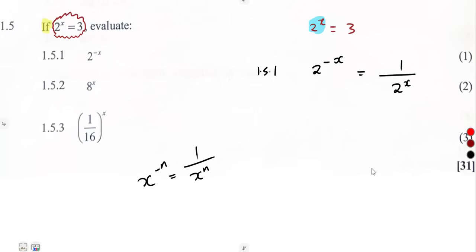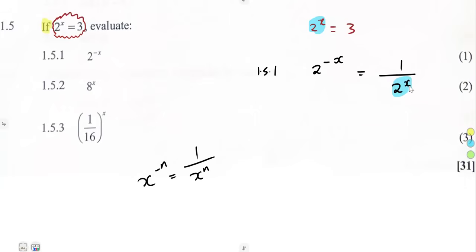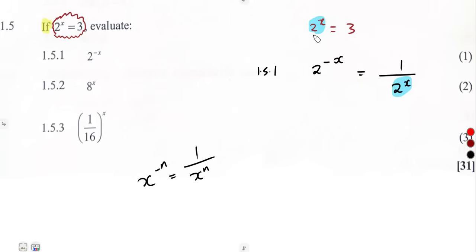Are we seeing that 2 to the exponent of x, the one that we got here? It's clear now. So in place of that, because you're already told that these two are equal, you can now replace it with its equivalent, which is 3.